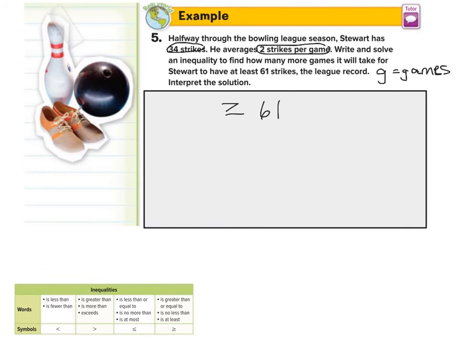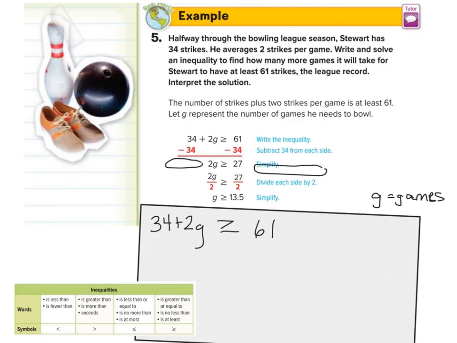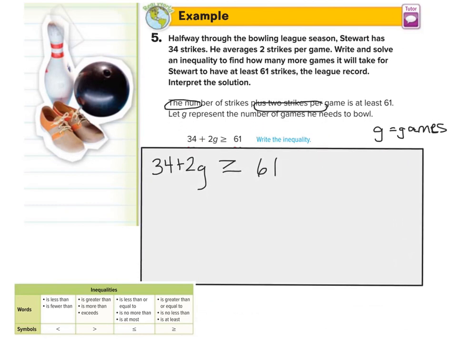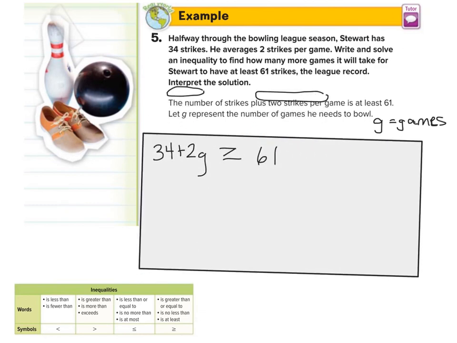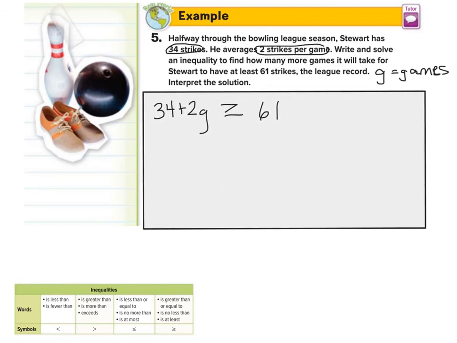So 61 should go here. So we'll say 34 plus 2G is greater than or equal to 61. And I'm just going to check to see if I interpreted that correctly. 34 plus 2g is greater than or equal to 61. Okay, so we're on the right track. Okay, lined it back up.